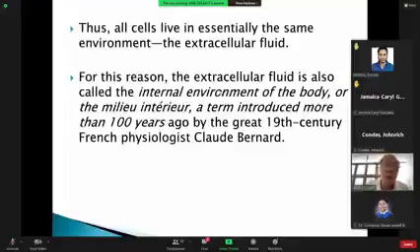Claude Bernard introduced the term internal milieu, or internal environment, referring to the extracellular fluid where the cell is suspended, which is referred to as the extracellular fluid, or the ECF.